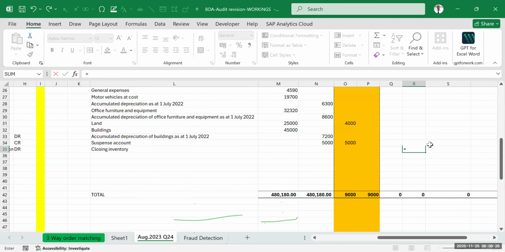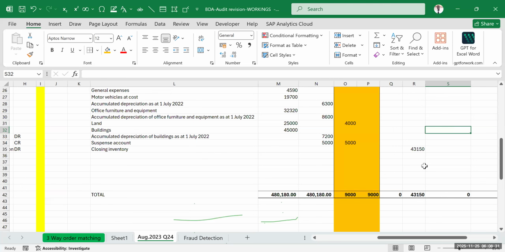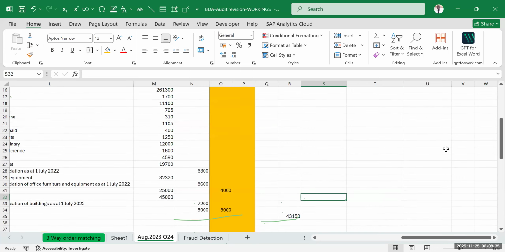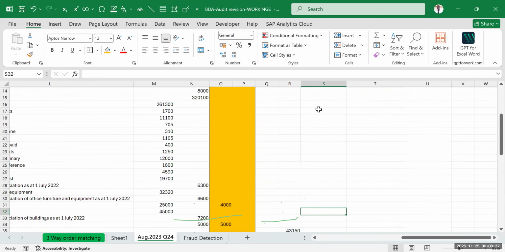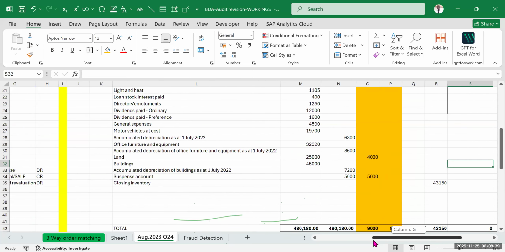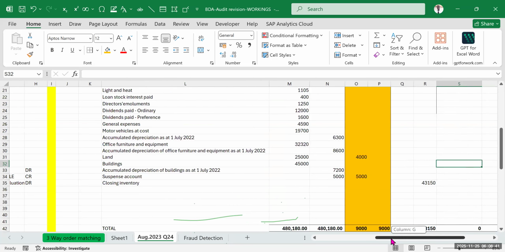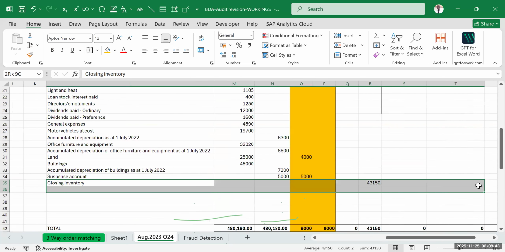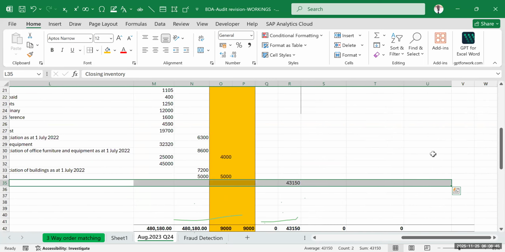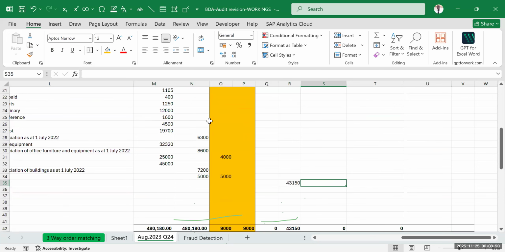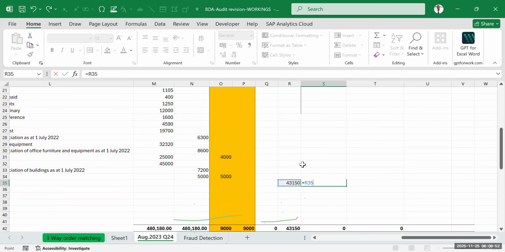So I'm just going to post 43,150 there as a credit in the income statement. And then I'm also going to post in the statement of financial position as a debit in the closing inventory. So I've put in a credit, now I'm going to debit it here. It's just beside it, so I can even just refer to it.